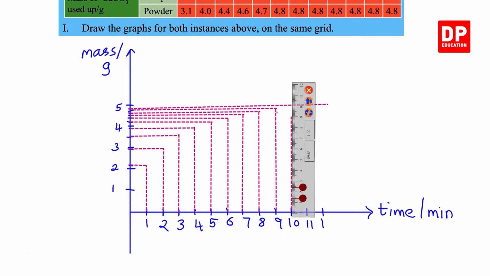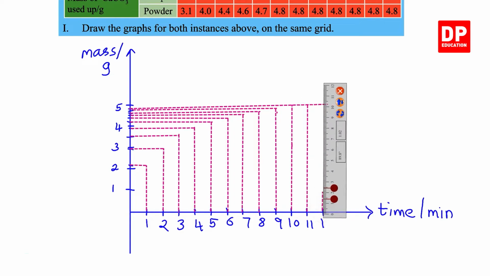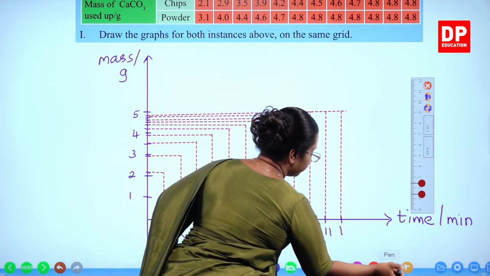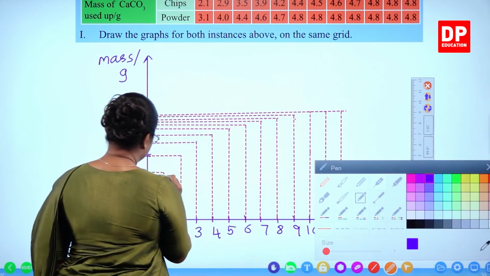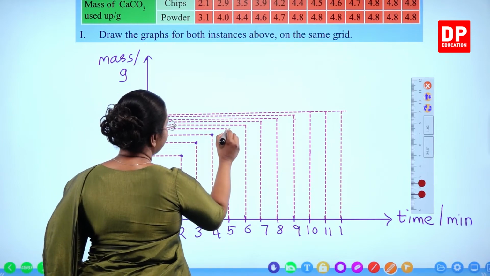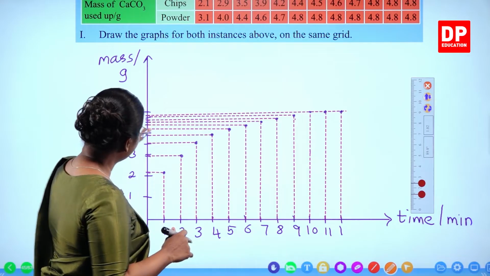So here also 4.8. 11 minutes, it's going to be 4.8. 12 minutes also, it's going to be 4.8. So now, if I connect all the points there, here you can see the points, the coordinates have been marked. We have marked all the coordinates.